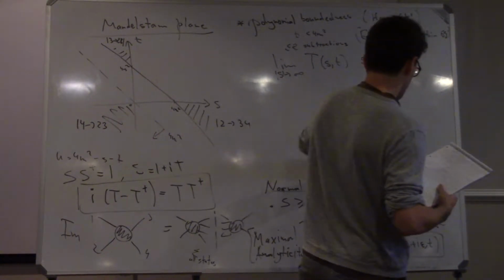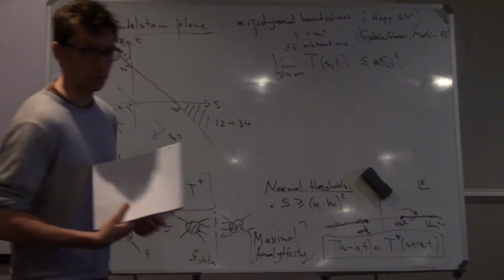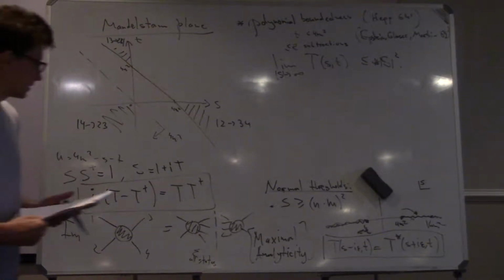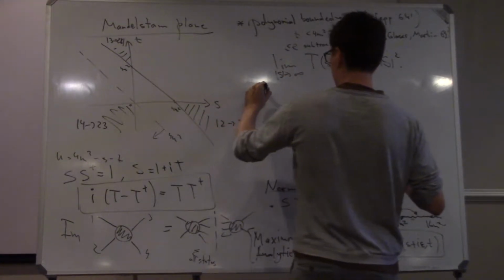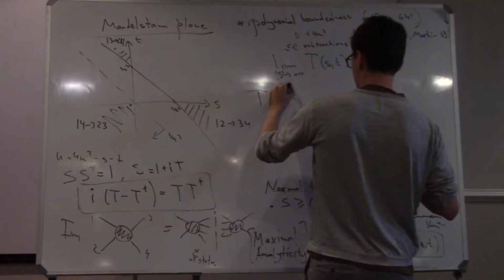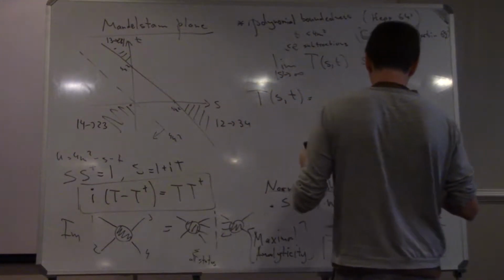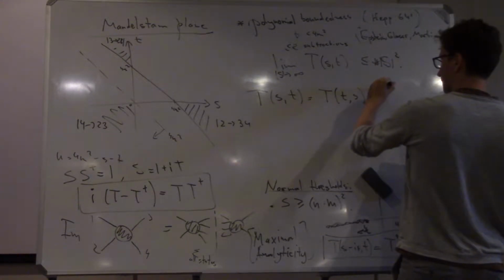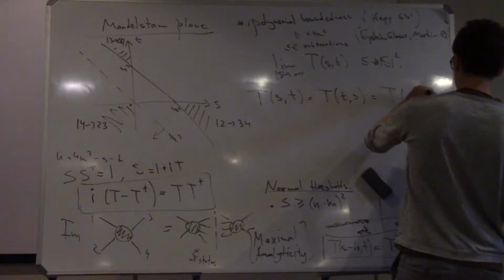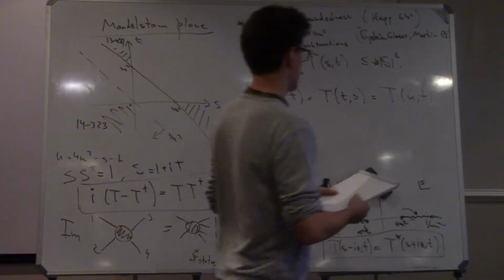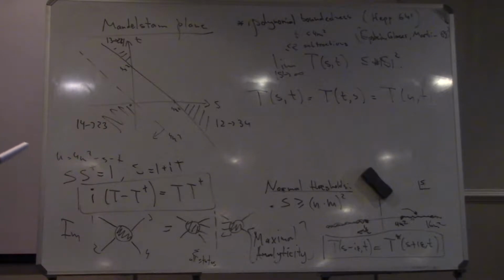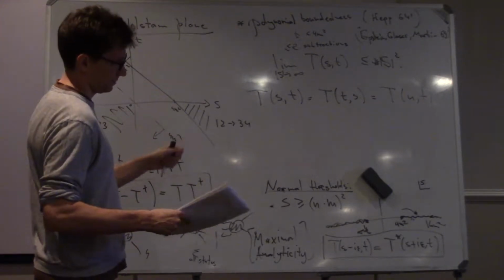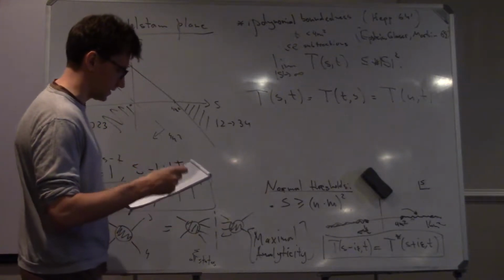Crossing is a very simple statement. If you consider scattering of identical particles, the particles are indistinguishable. So the amplitude T is equal to T of t and s, u and t, etc. Basically, it's a function which is symmetric under all permutations of Mandelstam variables, and this is a statement that the particles are identical.